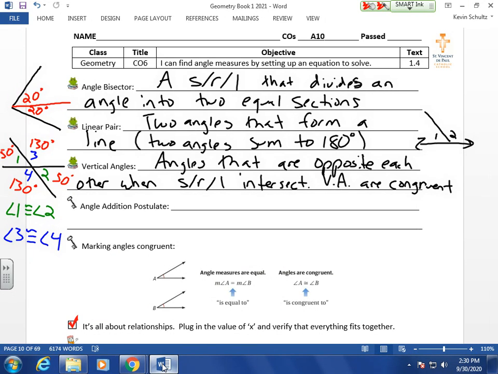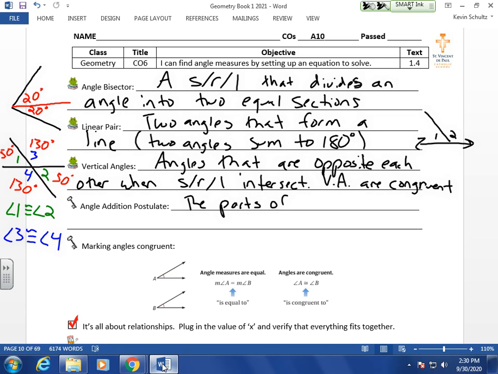Okay? The angle addition postulate, if you recall the segment addition postulate, that the sum of the parts will equal the whole. Same kind of thing here. We know that 20 plus 20 equals 40, which is the whole angle, because of the angle addition postulate.